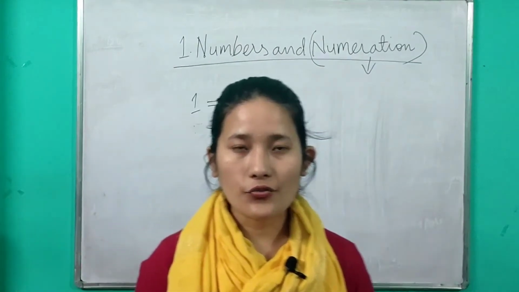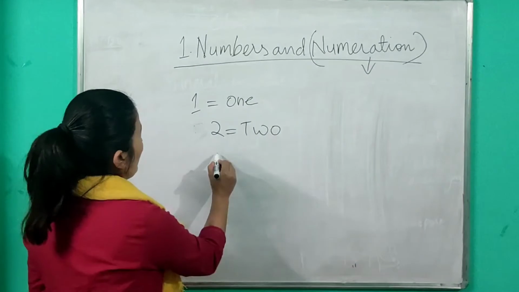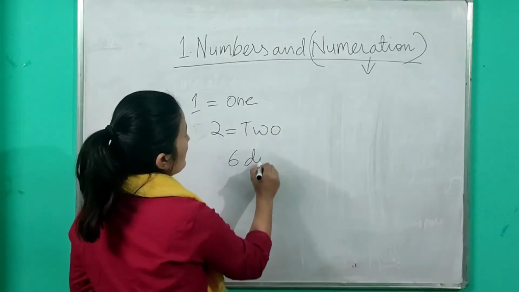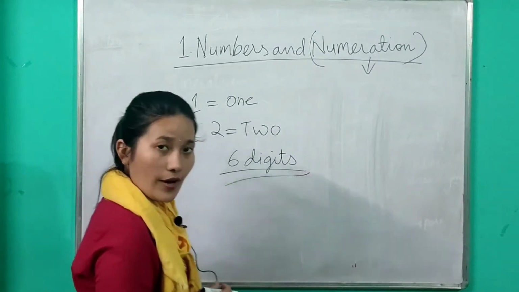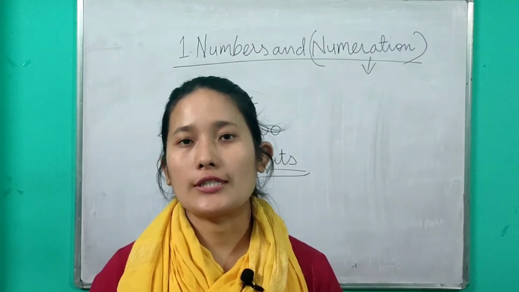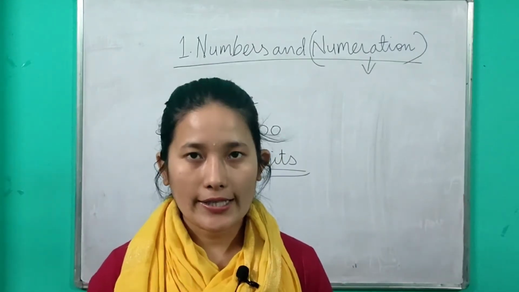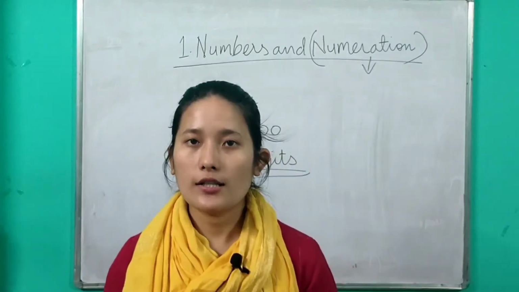In class 4 you have done numeration till 5 or 6 digits, right? So in this class, class 5, we will be writing the word names of 7-digit as well as 8-digit or more numbers, in both the Indian system and the international system.